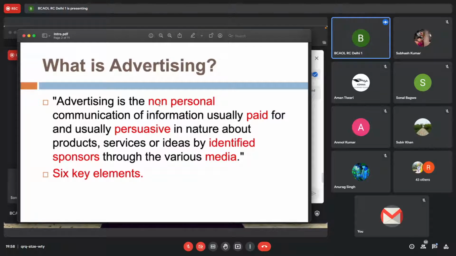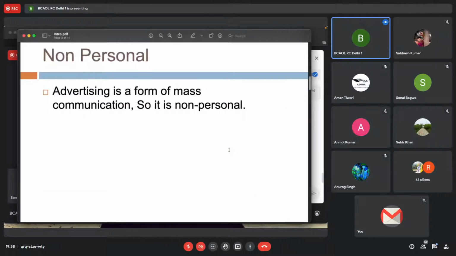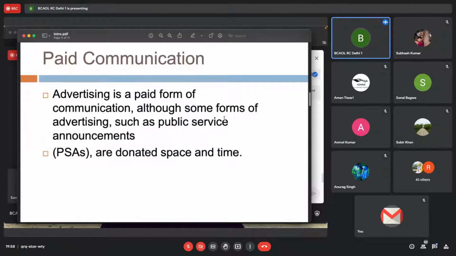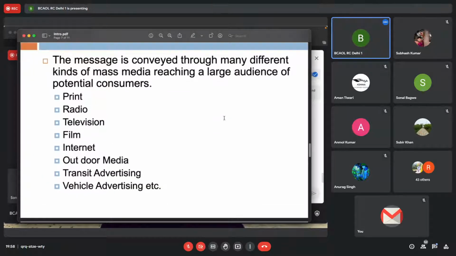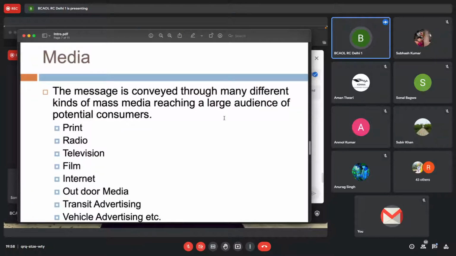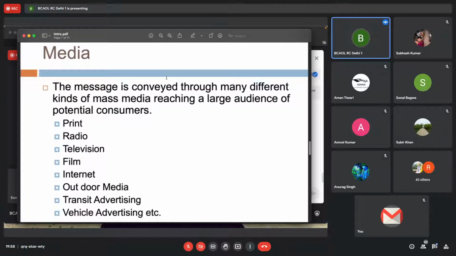So this is the definition, and when you are writing the definition, you need to write these points with a little bit of elaboration: non-personal, paid communication, persuasive, sponsored. Talking about media, like I said, you need a channel, a communication network through which you will be talking to people about your product. So, starting with print media.